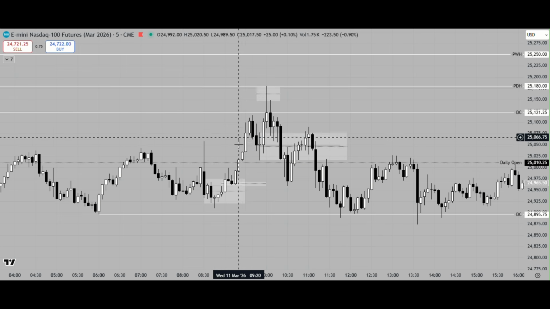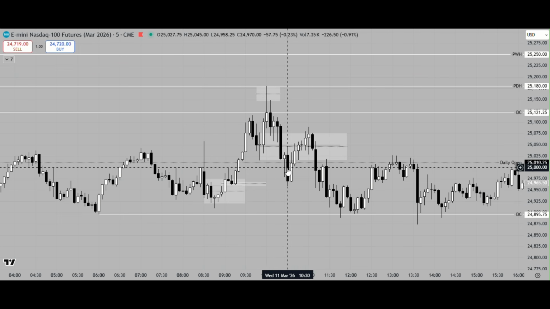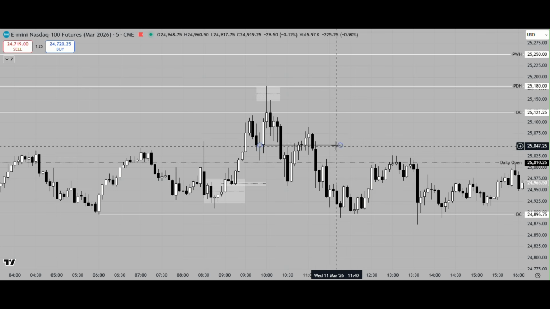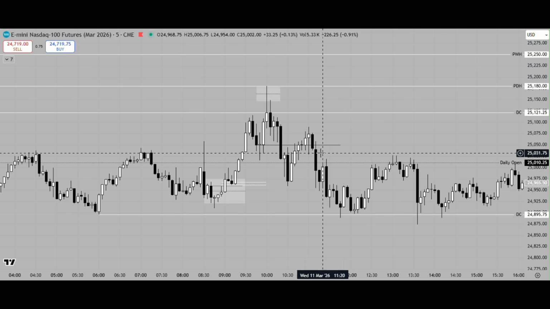Like if the first stage of accumulation of the buy side of the curve in a market maker sell model, or sell side of the curve in a market maker buy model, doesn't hold resistance or support, that tells me that this market maker model isn't going to give us a second stage of distribution, as you can see here.